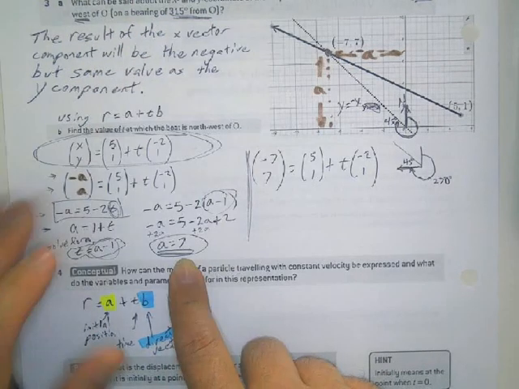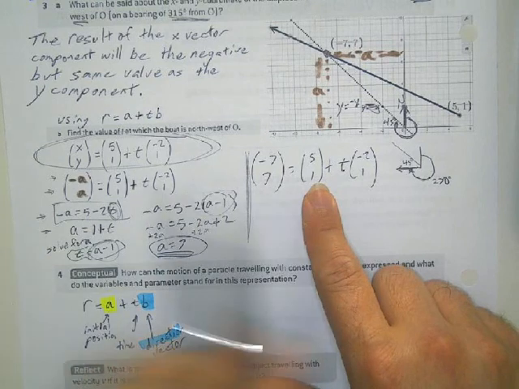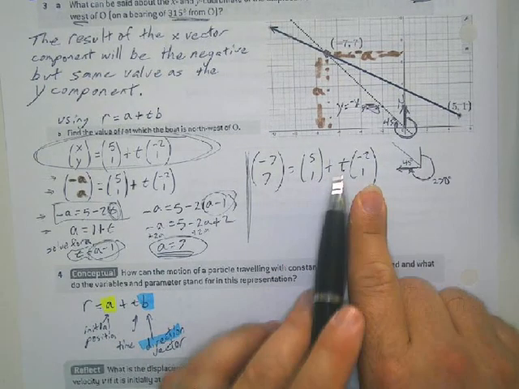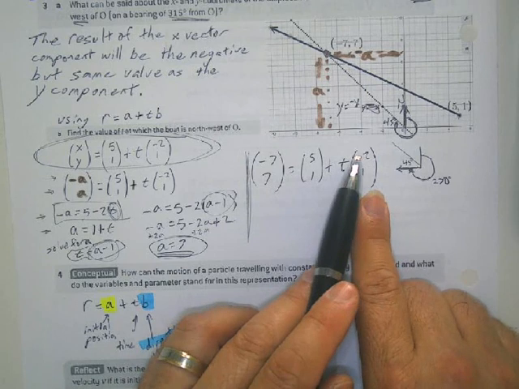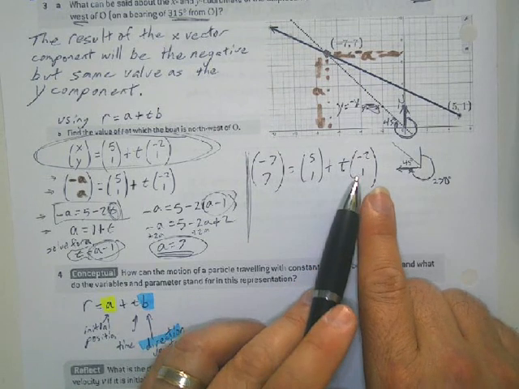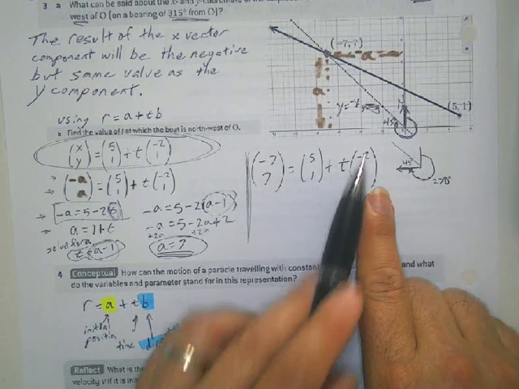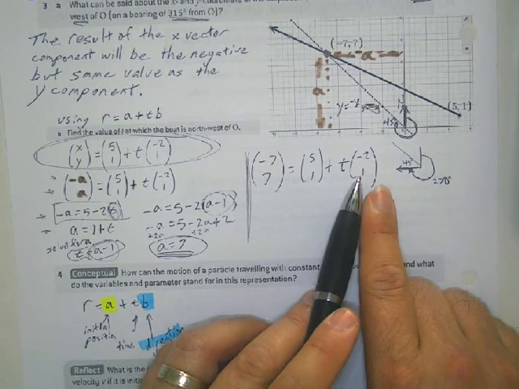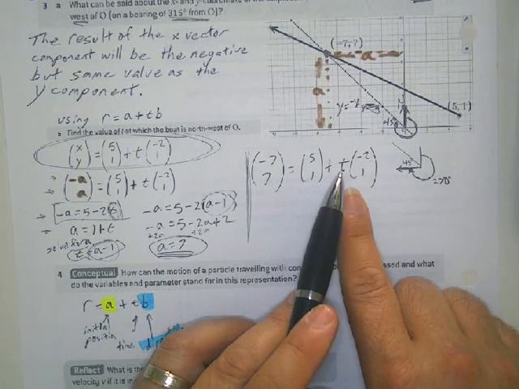Okay, so my initial position was at 5, 1. My direction vector is negative 2, 1. This is the amount, the velocity vector over 1 unit of time, and t is the time that we're trying to figure out.